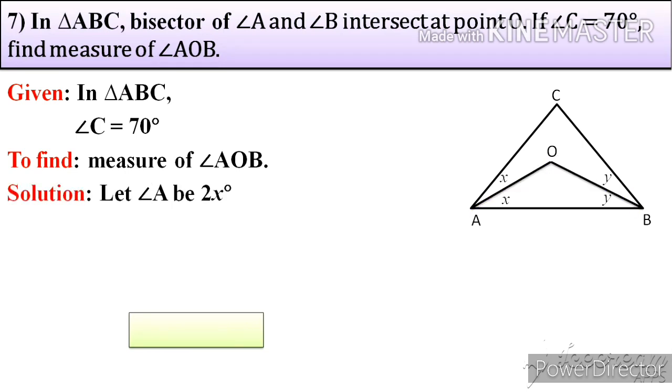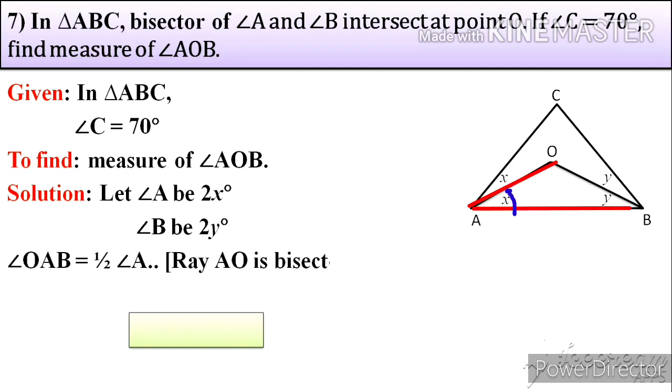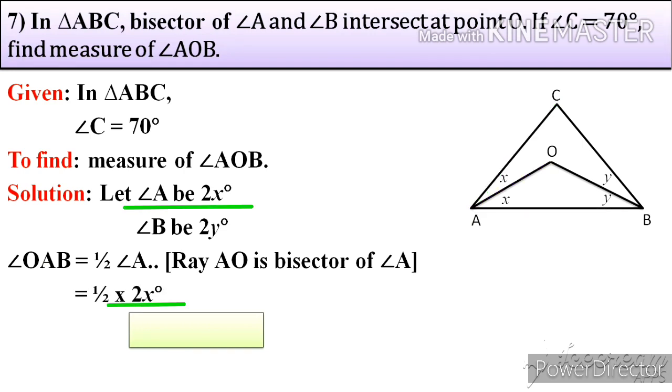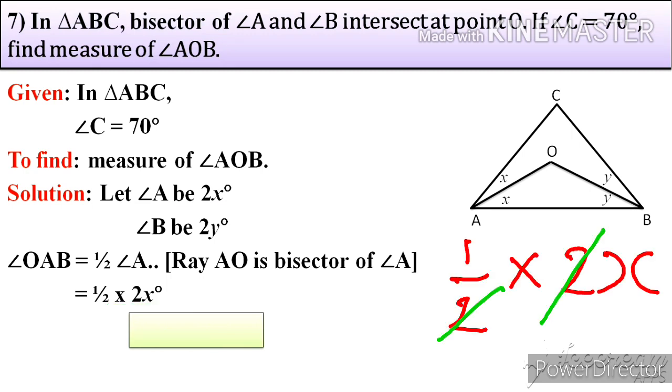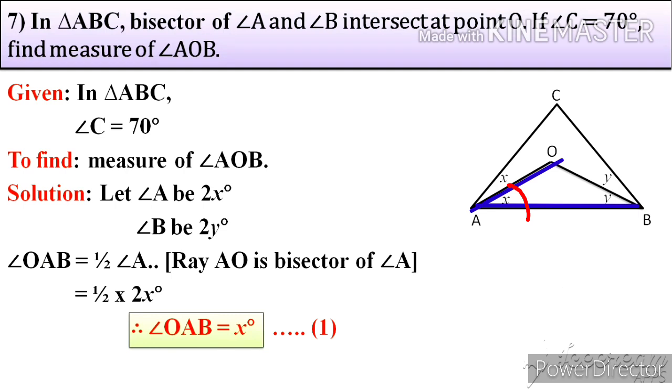Solution. Let us assume angle A be 2x and angle B be 2y. Angle OAB equal to half of angle A. Ray AO is the bisector of angle A. Now substitute the value of angle A 2x degree. After cancelling with 2, we get angle OAB equal to x degree, equation number 1.